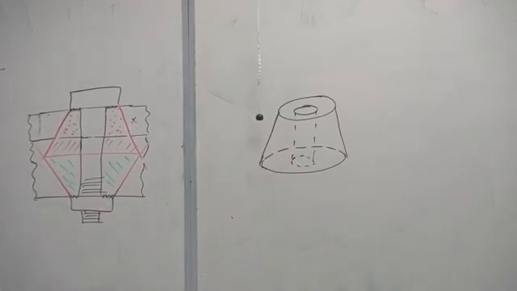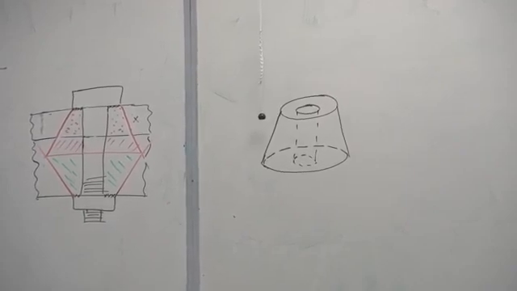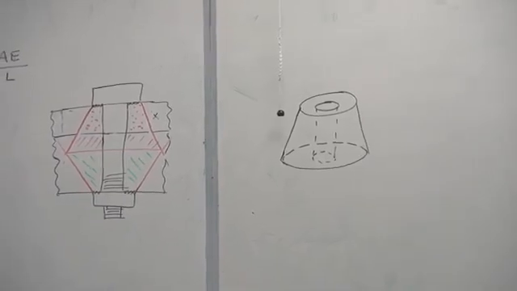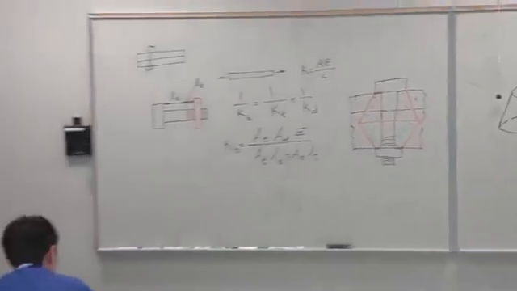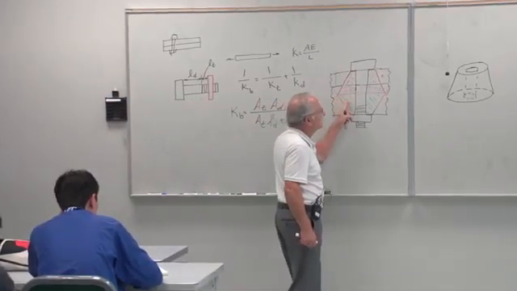Does everybody understand that? Each of those is what is called a frustum of a cone or a truncated cone. So we have 3 different frusta here.